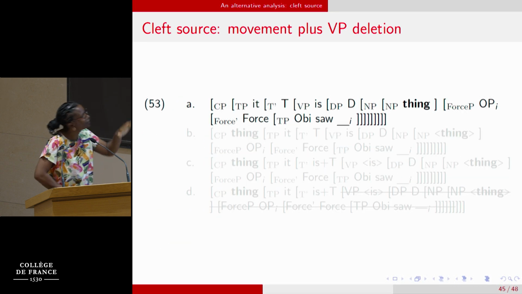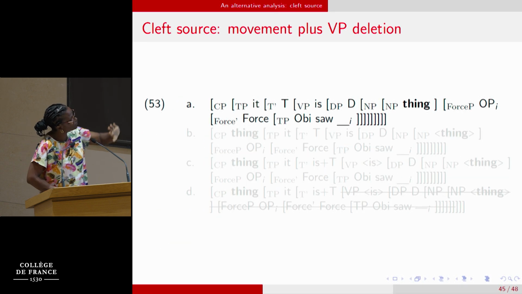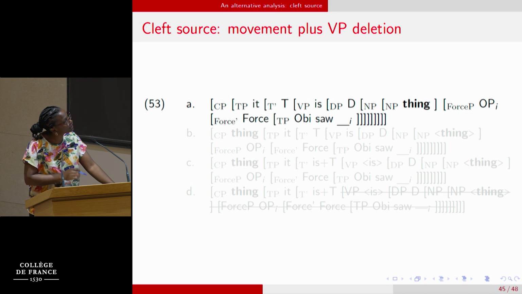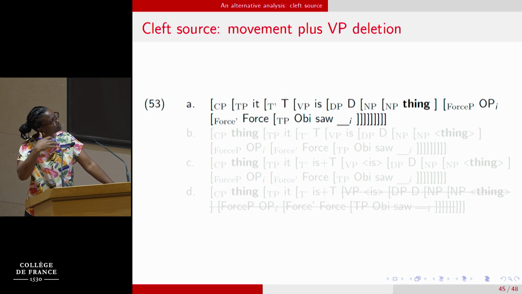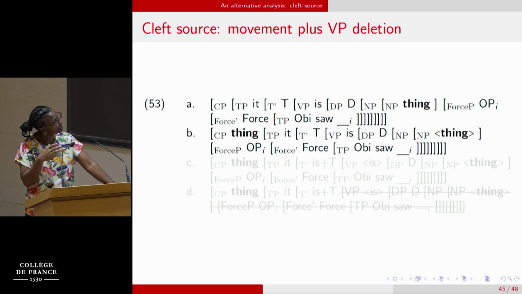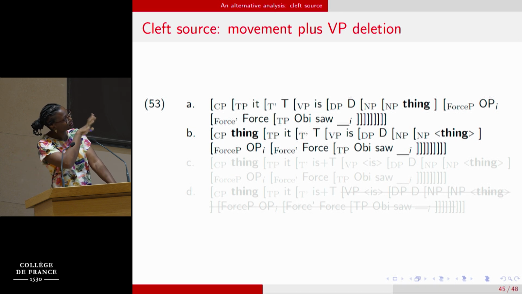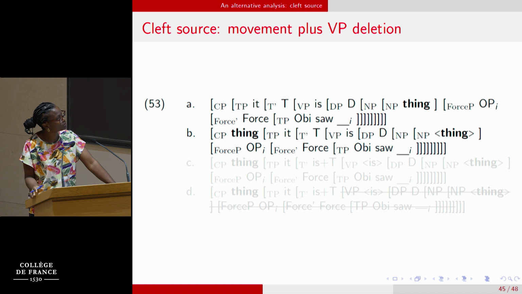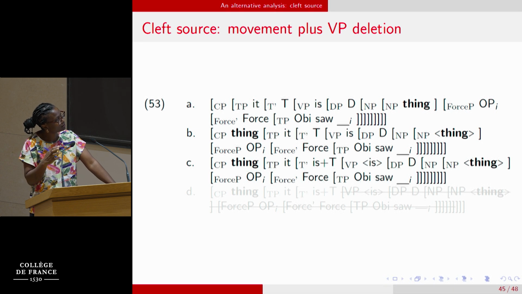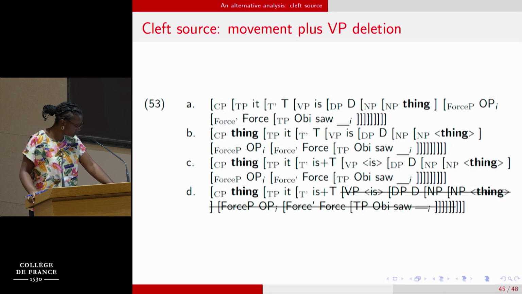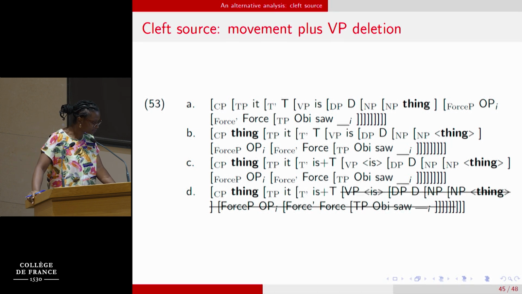This is sketched here, where we have the full clause initially, the head noun, and then the adjunction of the relative clause. Here the head noun moves to the clause-initial position, and the copula also moves out before the deletion of the VP.